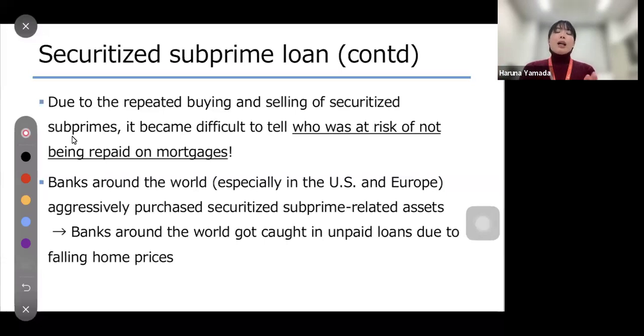But banks around the world, especially in the US and Europe, aggressively purchased securitized subprime-related assets. So when home prices started falling, banks around the world got caught in unpaid subprime loans.